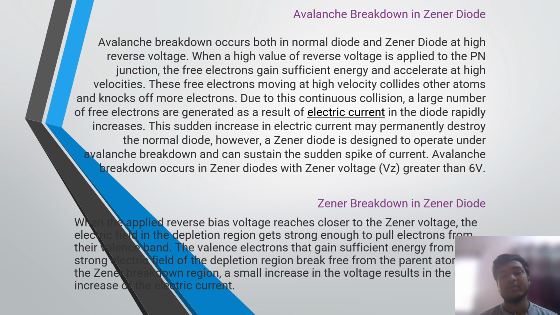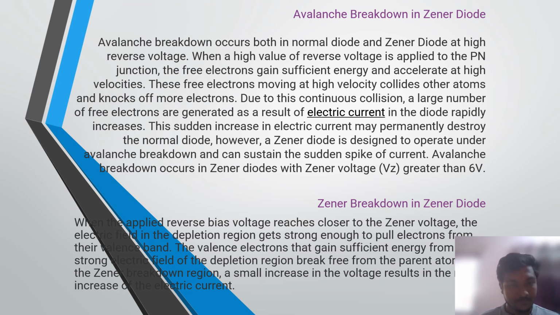However, a zener diode is designed to operate under avalanche breakdown and can sustain the sudden spike of current. Avalanche breakdown occurs in zener diodes with a zener voltage Vz greater than 6 volts. Now we will see the second part, zener breakdown in a zener diode.